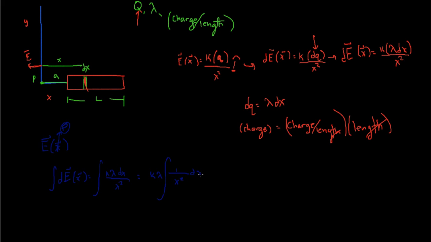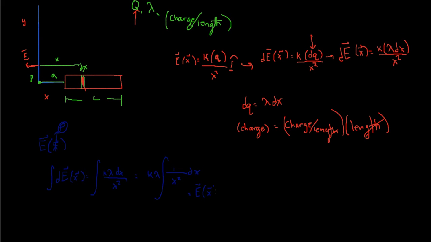So now what we can do is just integrate this, and when you integrate this you get the electric field vector in the x direction is equal to the constant times lambda times the integral of 1 over x squared, which is negative 1 over x. And now we need to look at what our bounds are.